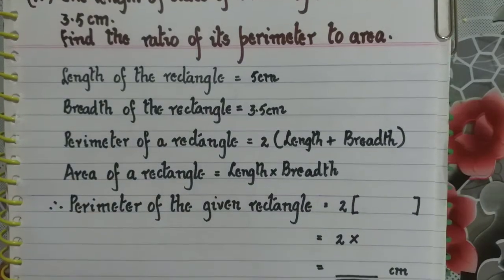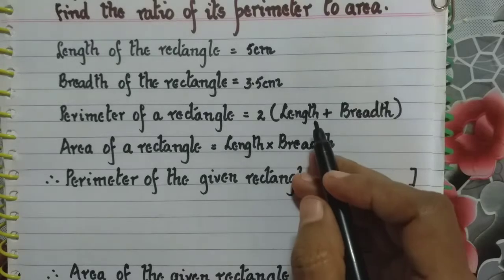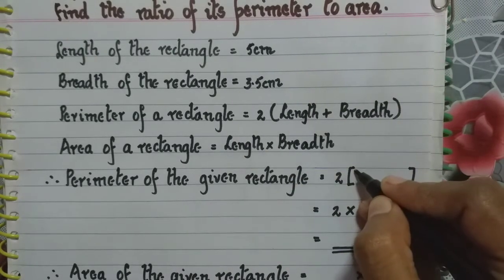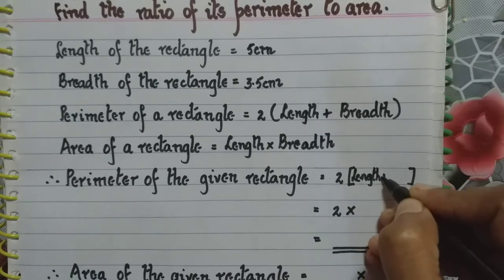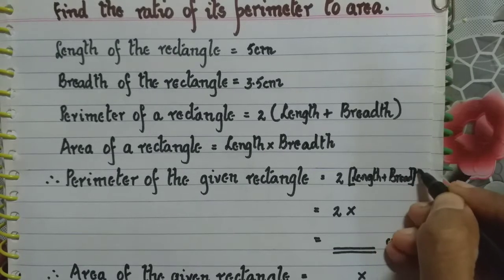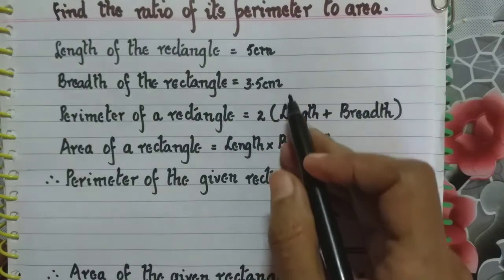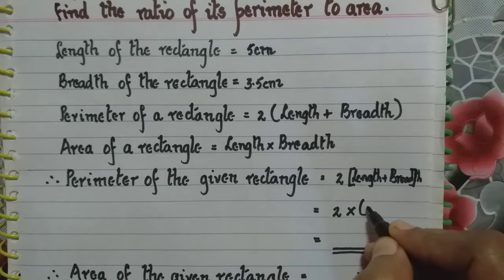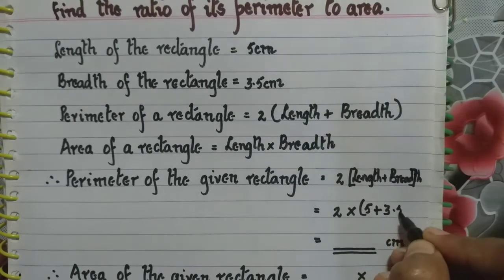Now perimeter of the given rectangle. Perimeter of the given rectangle is 2 bracket length plus breadth. Okay, now so 2 into, what is the length and breadth? 5 and 3.5. So here 5 plus 3.5.